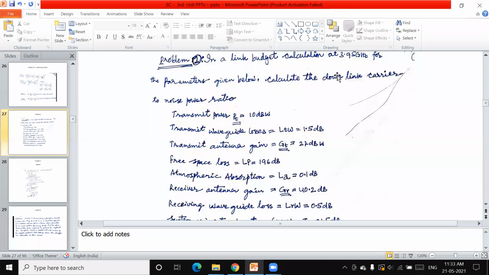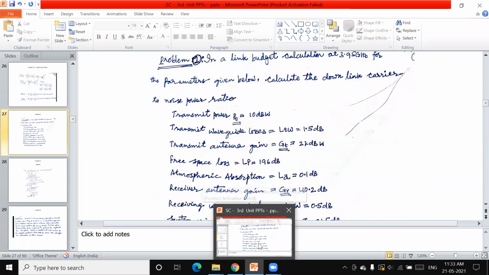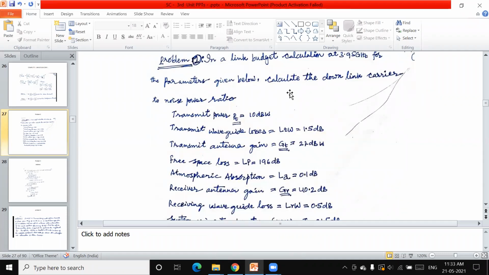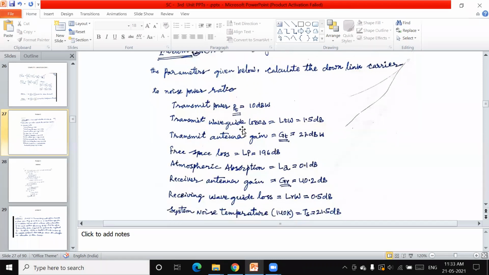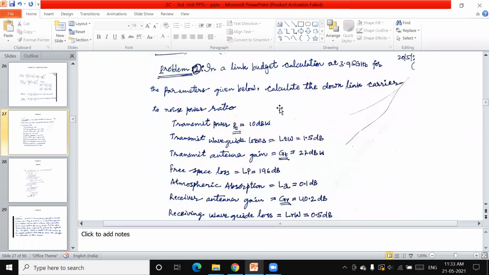They have calculated it, and you are asked to calculate the downlink carrier to noise power. So now, this is the data given in the problem itself. What is the data that has been given?